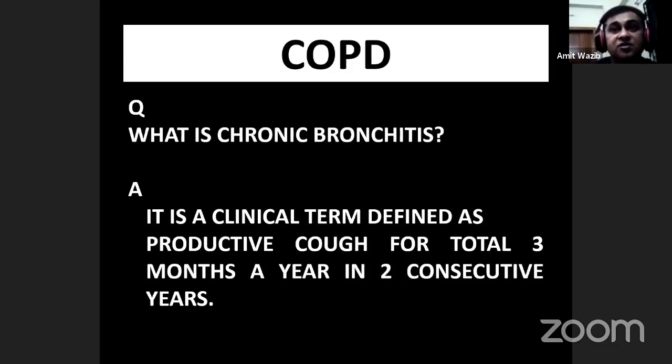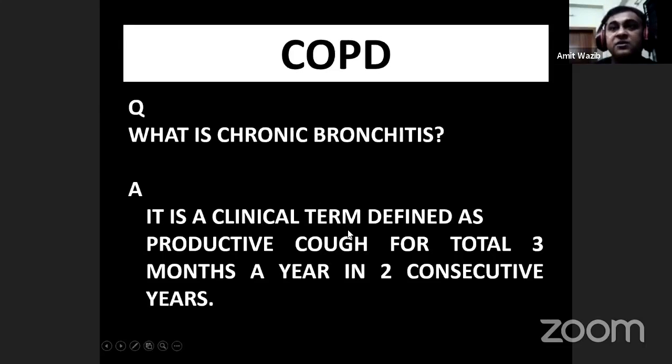Just look at it. In chronic bronchitis, the definition actually is a clinical definition. That it has a clinical link. There is productive cough for total 3 months a year in 2 consecutive years. That means to define it, you have to wait 2 years. That is, the history should be of 2 years, and in every one of these 2 years, there should be at least total 3 months of productive cough.